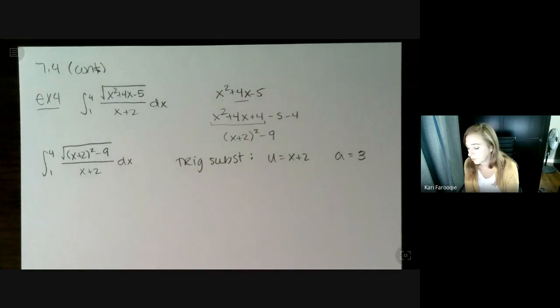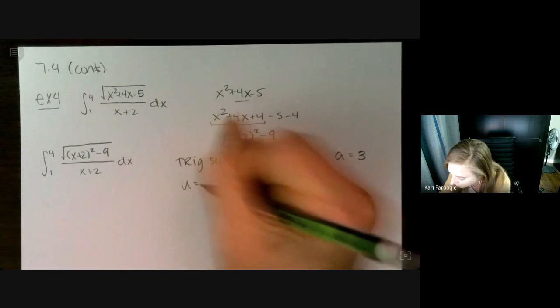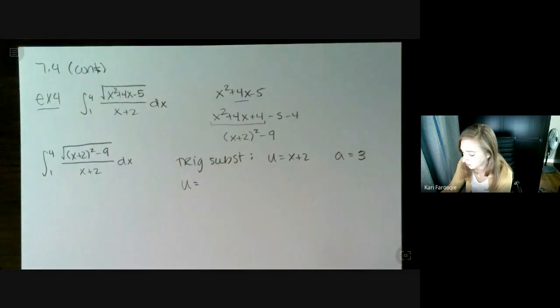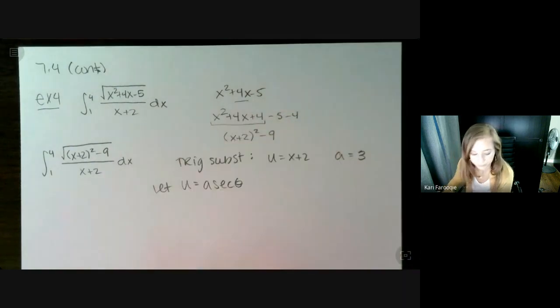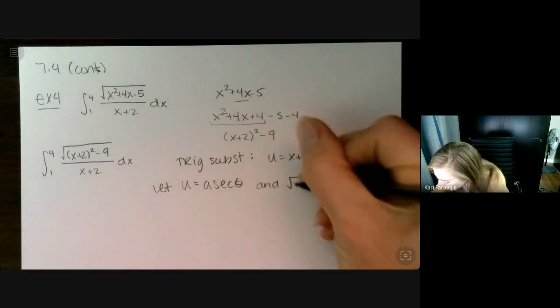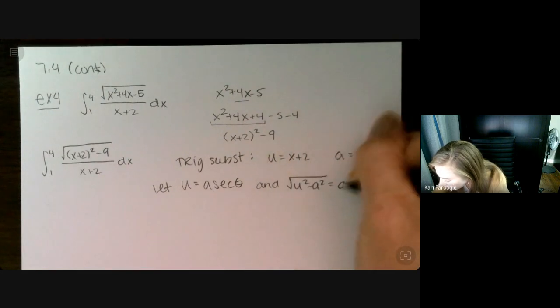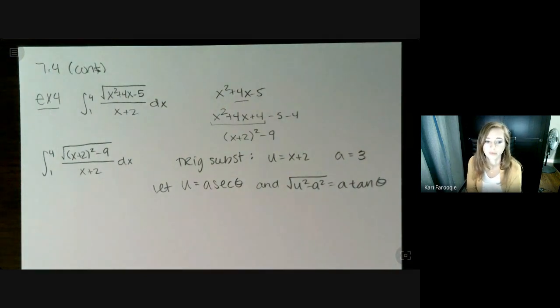So in this case, when you take u squared minus a squared, we're going to let u be a secant theta. And then we're going to let our radical, the square root of u squared minus a squared, be a tangent theta. And now we'll start to sub everything back in.